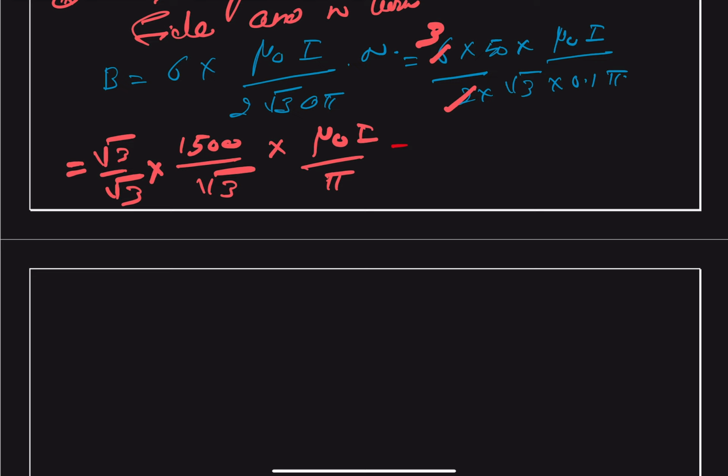So this gives us 500 root 3 mu naught I upon pi.